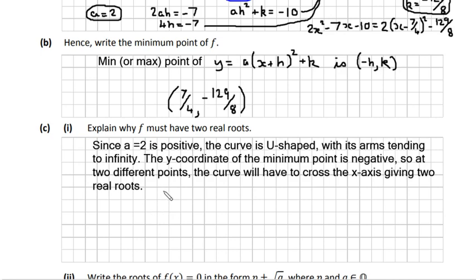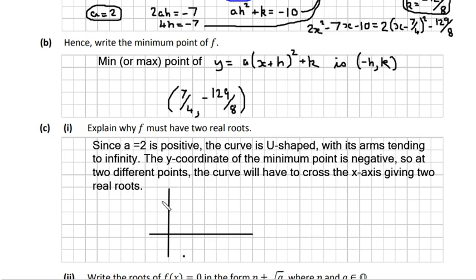So if we plot this, I'll just draw a very rough diagram of what it might look like. The minimum point is 7/4, minus 129/8. So let's say that point is somewhere there. It's going to have a positive x and a negative y.